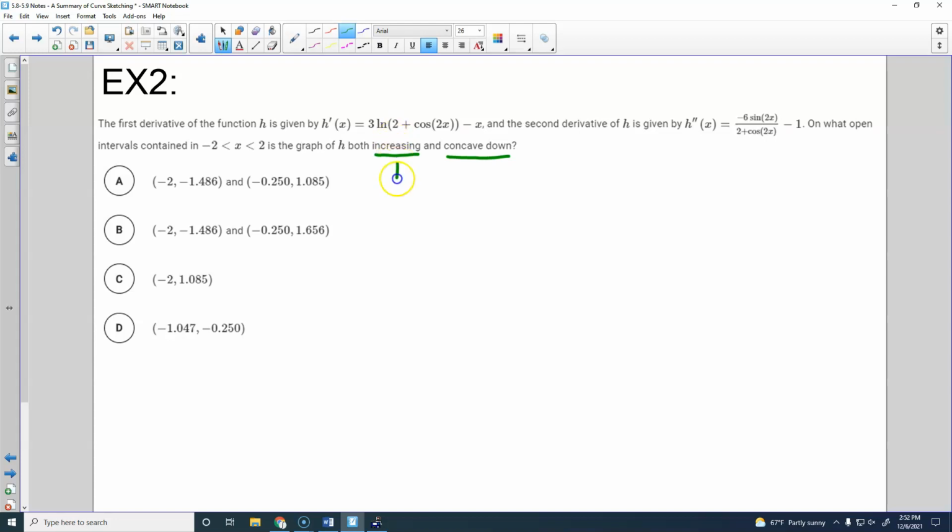So if the graph of h is increasing, what does that tell us about the first derivative? Positive. First derivative is positive. Okay? Concave down, what's that tell us?